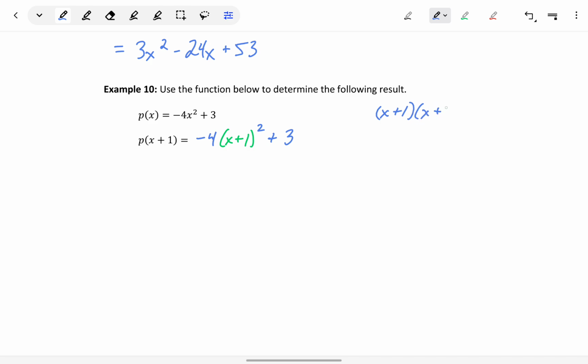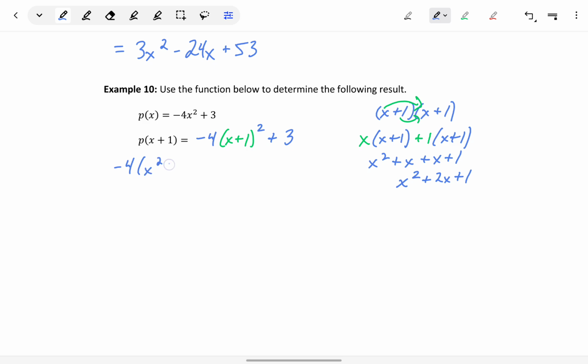To determine what x plus 1 times x plus 1 is, we'll take this x times that second expression, and then the 1 times that second expression to get x squared plus x plus x plus 1, or x squared plus 2x plus 1, which will give us negative 4 times x squared plus 2x plus 1 plus 3, and then distributing negative 4 through will give us negative 4x squared minus 8x minus 4 plus 3, or negative 4x squared minus 8x minus 1.